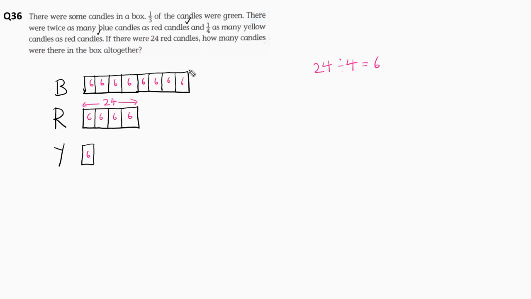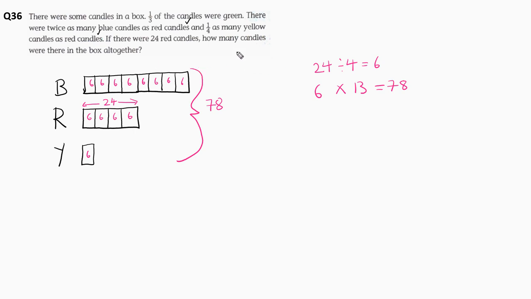I could do this in a number of ways. One way would be to count how many units I have altogether. That's 1, 2, 3, 4, 5, 6, 7, 8, 9, 10, 11, 12, 13. So 6 times 13 gives me 78. I know that there are 78 candles in this part of the model with the blue, red, and yellow candles.